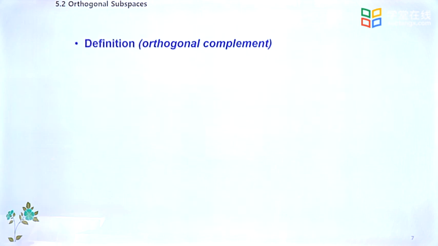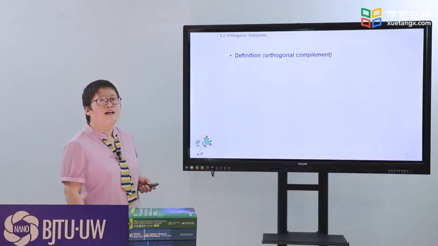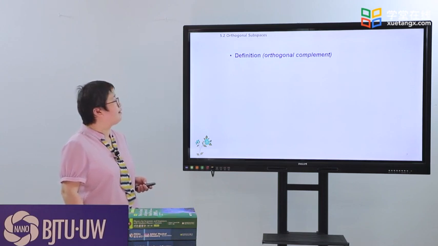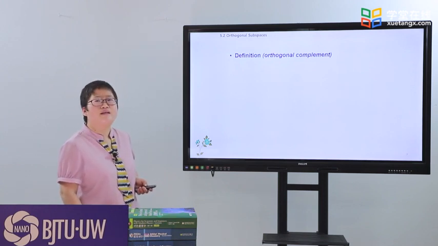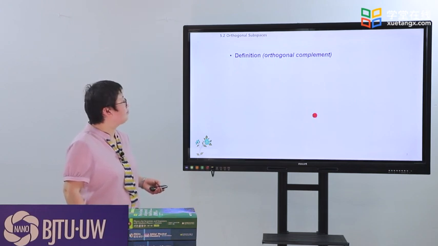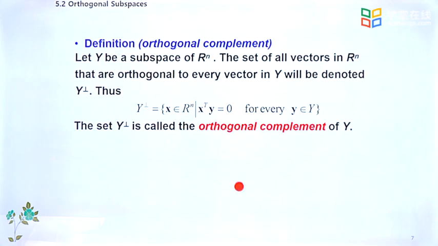So this example gives us another concept. We call it orthogonal complement. Let Y be a subspace of Rn. The set of all vectors in Rn that are orthogonal to every vector in Y will be denoted by Y orthogonal complement.